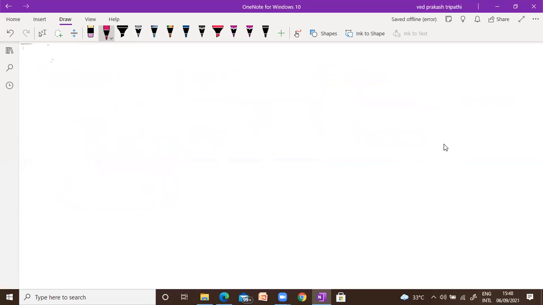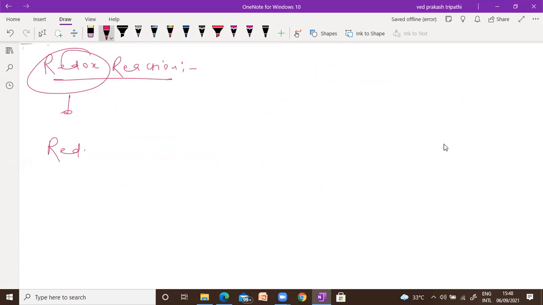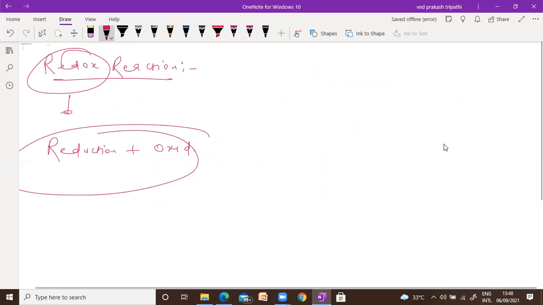Now, what is a redox reaction? Redox stands for reduction and oxidation. Reduction plus oxidation. So we can say when reduction and oxidation both occur in a chemical reaction, it will be a redox reaction. Suppose you have a reduction reaction, copper +2 takes 2 electrons and converts into copper.